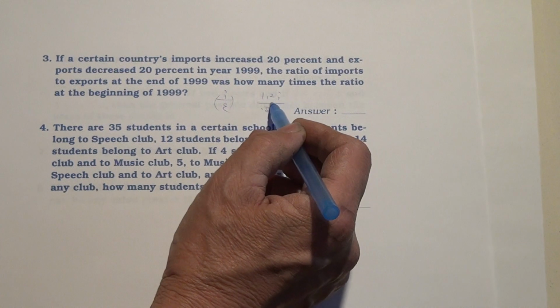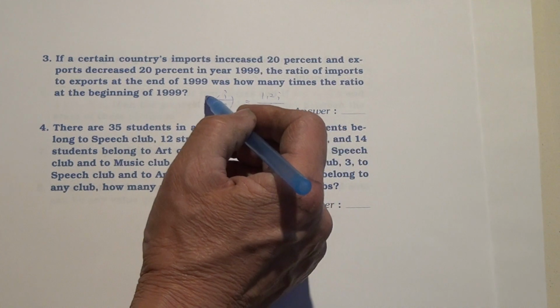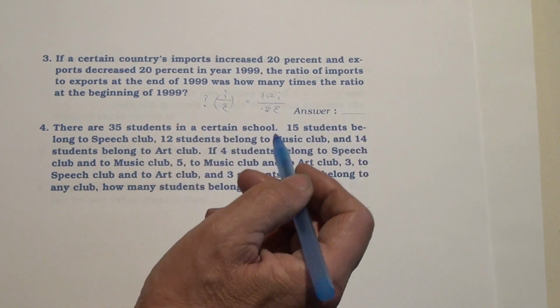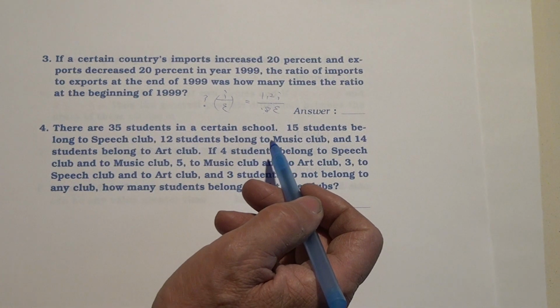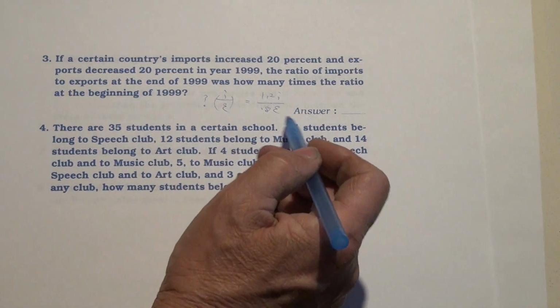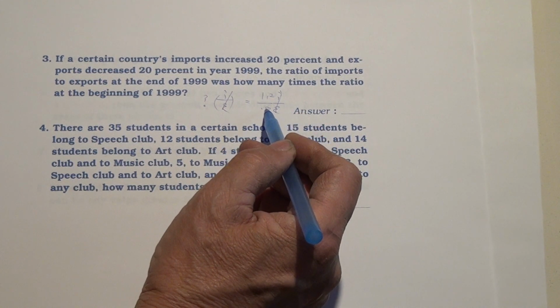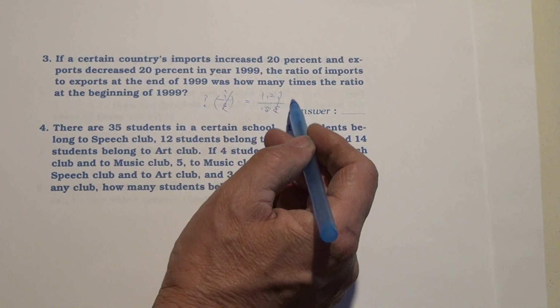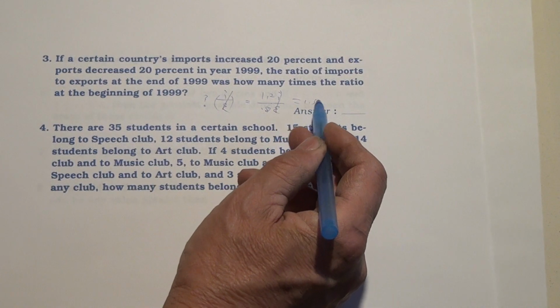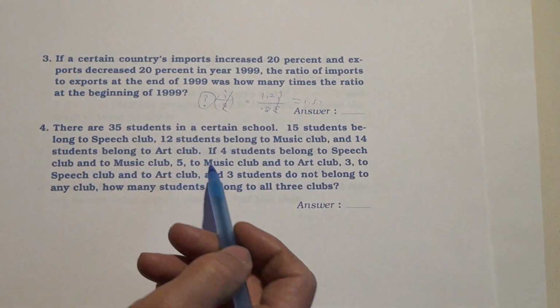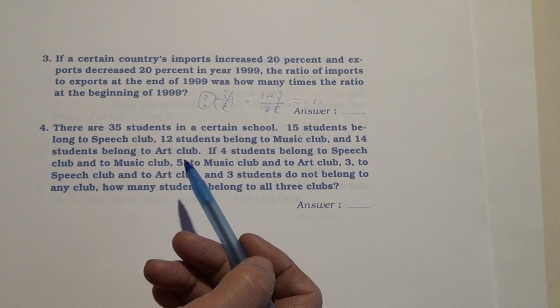Then they ask how many times the original, right? So I over E on both sides, so you can cancel. Then 1.2 over 0.8, if you use your calculator, you get 1.5, okay? So 1.5 times as much.